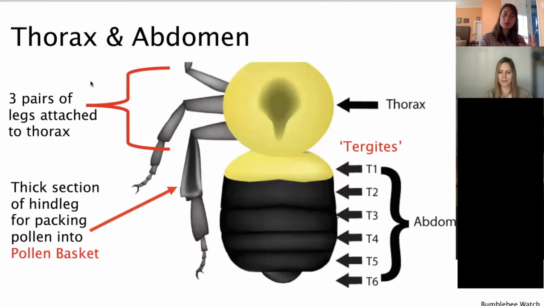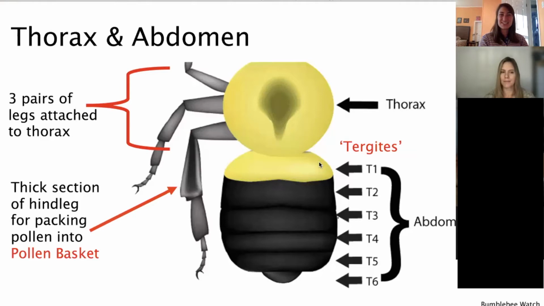Okay, some other terminology. All insects have 3 pairs of legs that are attached to the thorax. For bumblebees, the big way we identify them is based on the coloration pattern on their abdomen.